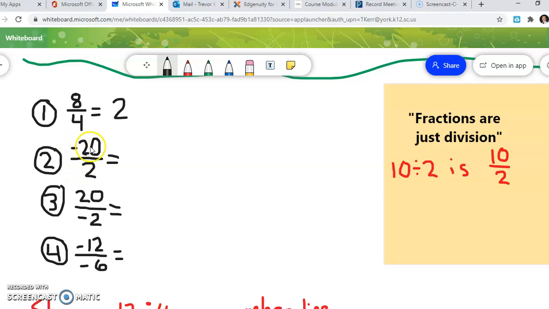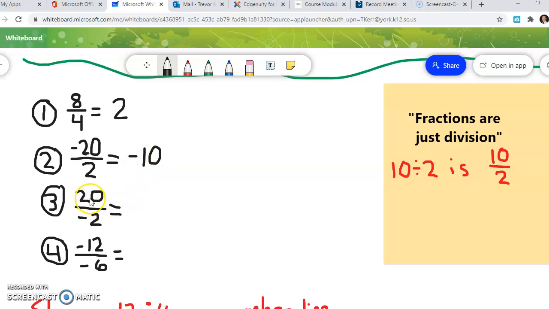If I have -20 and I'm splitting it up into 2 groups, -20 divided by 2, that would mean I have -20 things and I split them into 2 equal groups. So this person over here would get -10 and so would that person. So -20 things split up into 2 groups would be -10 in each.